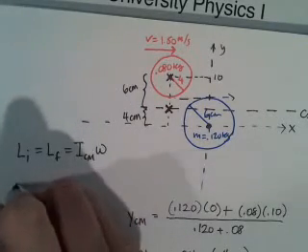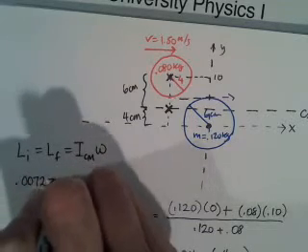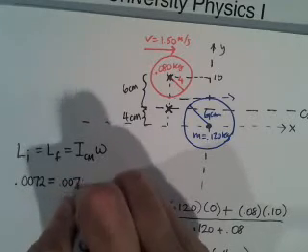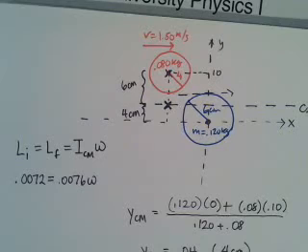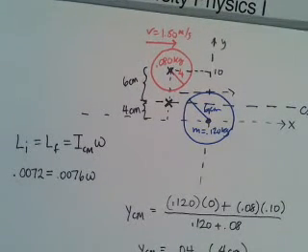So here our angular momentum to begin with was 0.0072. Our total moment of inertia was 0.0076, and we want to find omega. So 0.0072 divided by 0.0076, I think I've got off a 0 here. That should be 3 zeros. Sorry.